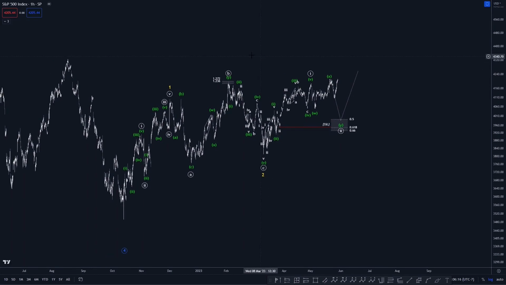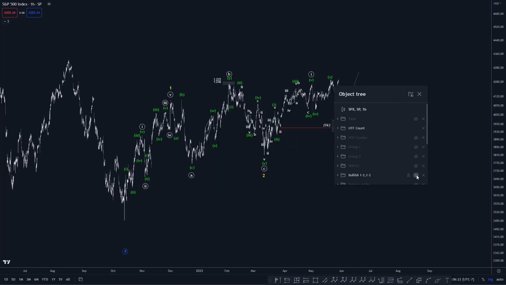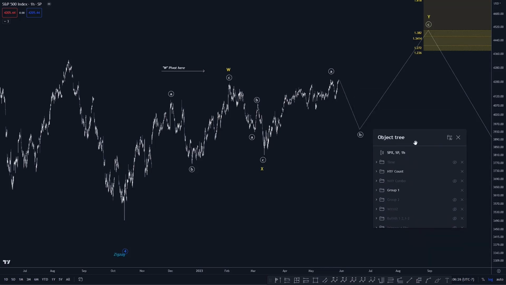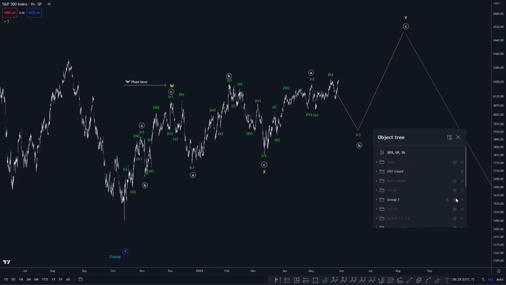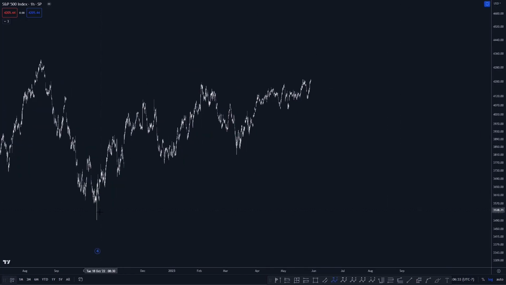So we're still going to monitor this count, keep it on the back burner, but we're still going to really be monitoring this structure up as a WXY, either like this, or once again, this W or this X wave right here is not done yet, like such.